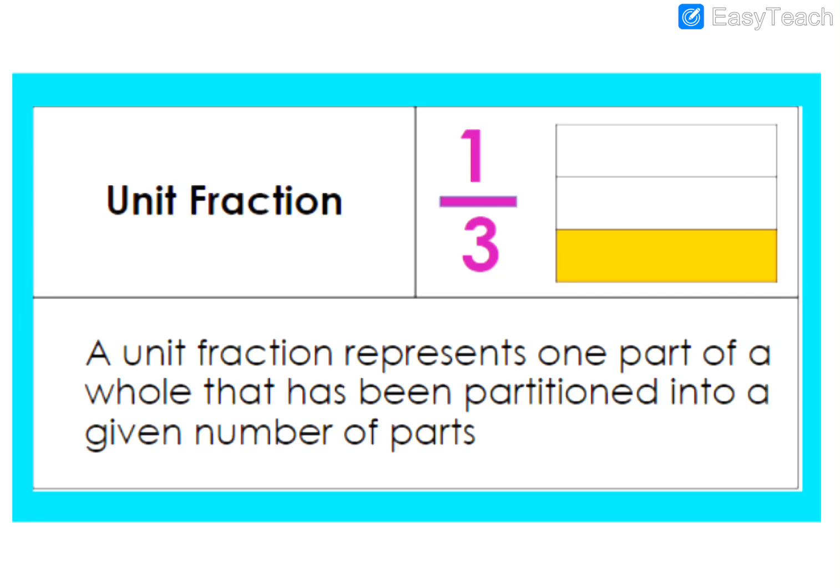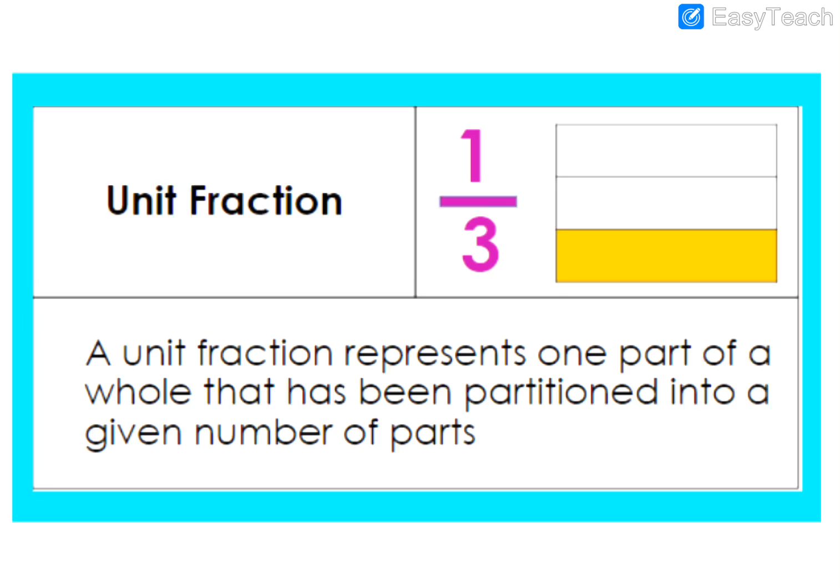Our unit fraction. A unit fraction represents one part of a whole that has been partitioned into a given number of parts. We used to talk about the word unit as being unified as a group. We want to be one solid group. If you have a whole that is divided into 3 parts like you see here, there's only one part out of the 3 that is shaded.